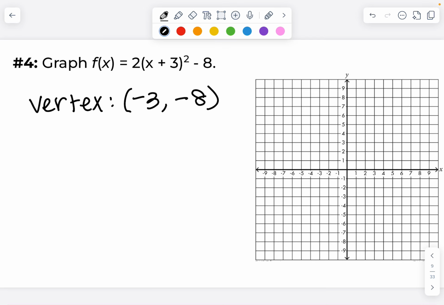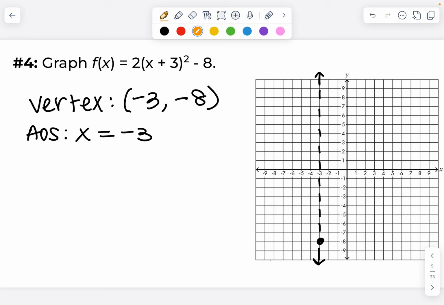The opposite value of positive 3 is negative 3. So I'm going to go over 3, and then go down 8, and draw my point. My axis of symmetry, which I'm going to abbreviate as AOS, is going to be at x equals negative 3. I'm going to draw in this axis of symmetry, and this is actually going to make my life a lot easier, and you'll see why in a second.